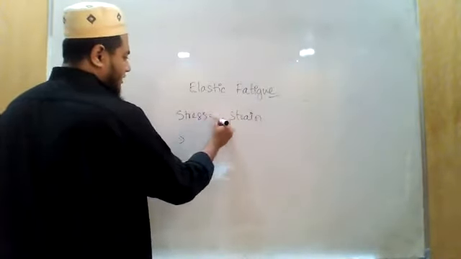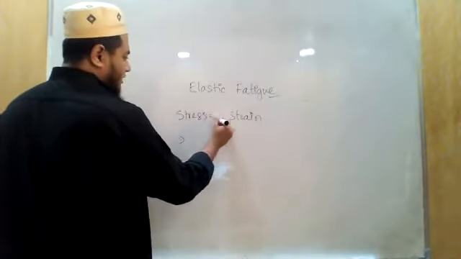Now it will be different for different cases. Like for a wire, in case of a wire, what happens? The length changes, right? So for that, it is actually longitudinal modulus. That is also called Young's modulus. Whenever we are applying it for length change, it is Young's modulus, or it is also called longitudinal modulus, and it is expressed by Y. And what is it equal to?